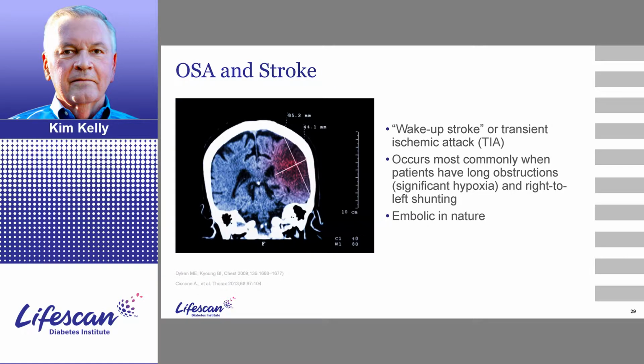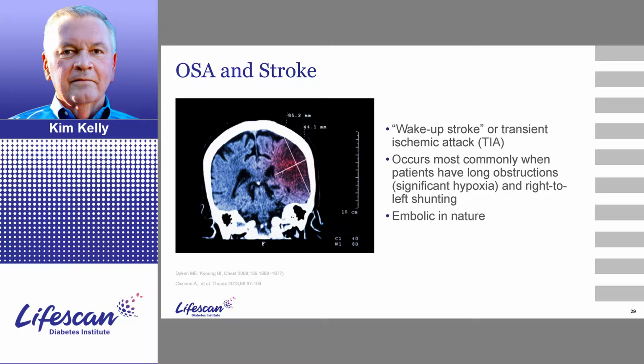In addition, there is a subset of vascular activity that's important, and that's the so-called wake-up stroke or transient ischemic attack. This occurs most commonly when patients have long obstructions with significant hypoxia. Remember, I said in some cases the oxygen tension goes all the way down to 70, and the potential of right to left shunting occurs in a subset of patients.